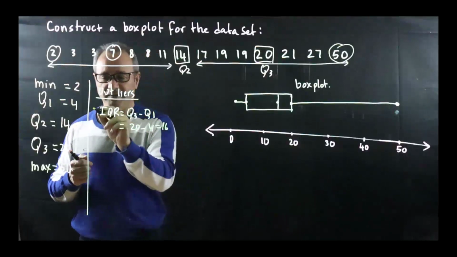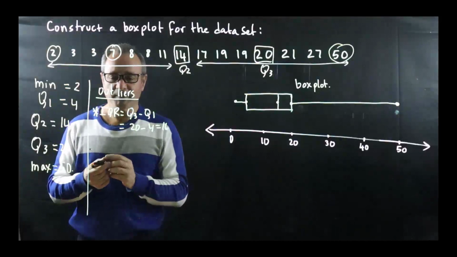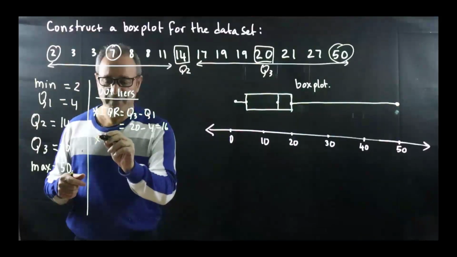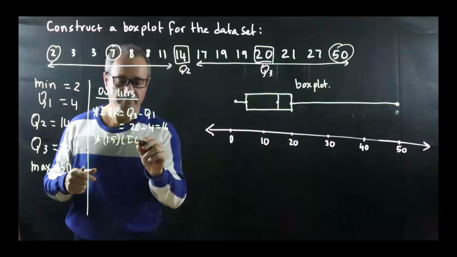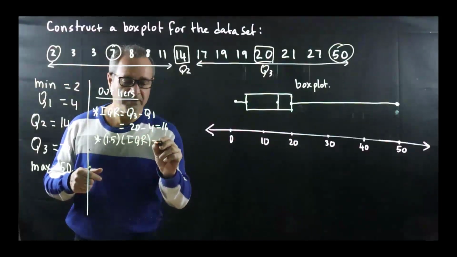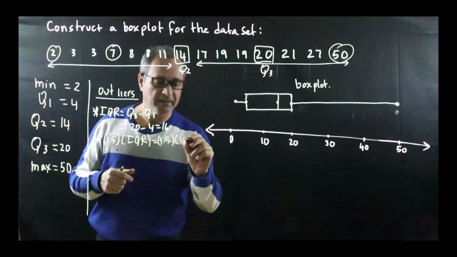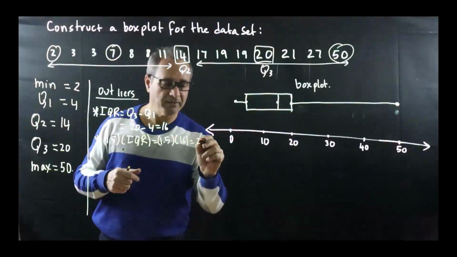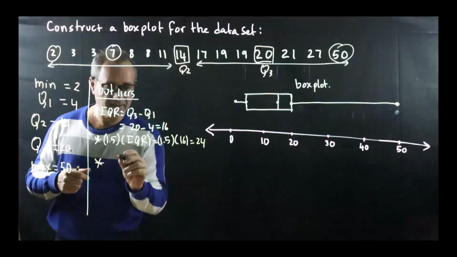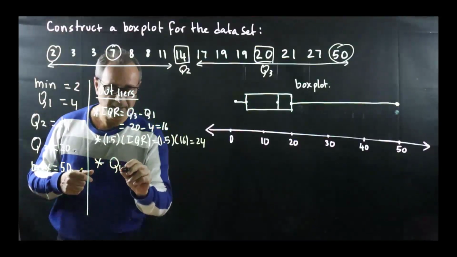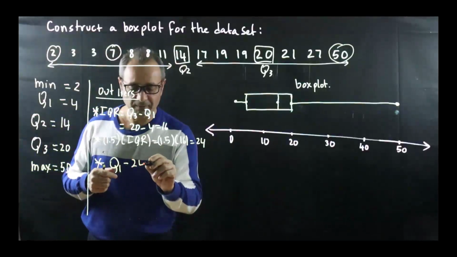That's the first step. The next step is to multiply the IQR by 1.5. That's a fixed number. So you get 1.5 times 16, which is what? 24. The third step and the very last step, you take Q1 and subtract the number that you found in step number 2, 24.